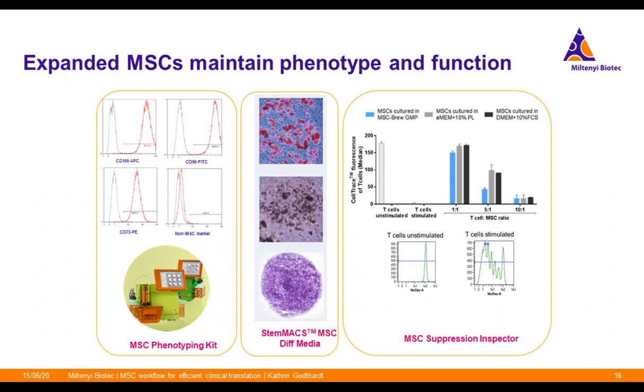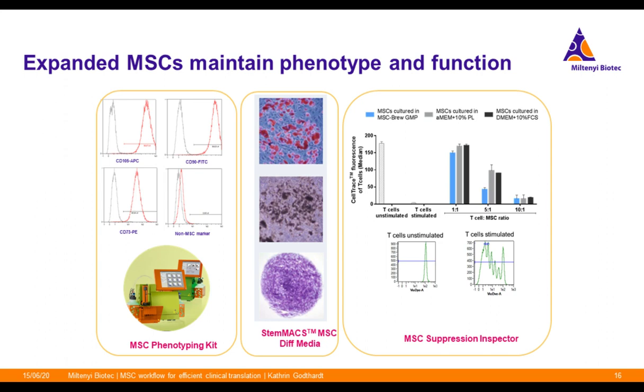Also the differentiation media were used for differentiation capability, so for adipocyte differentiation, osteoblast differentiation, and chondrocyte differentiation. What is also quite interesting for many researchers is the immunomodulatory potential of MSCs after expansion.